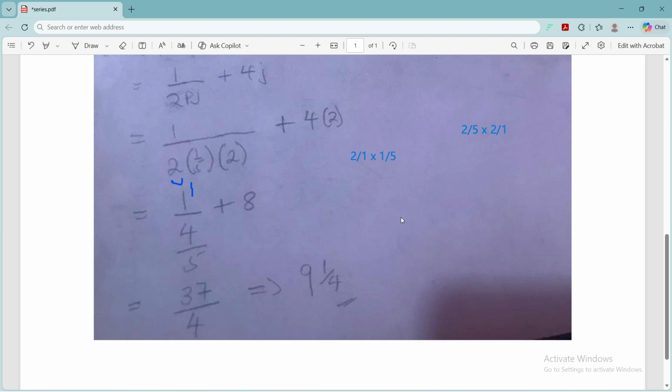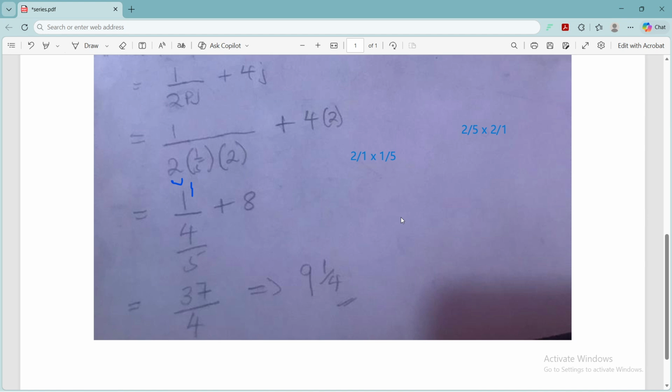So we are going to have 1 over 4 multiplying 1 over 5, right? So when you change the sign, you are going to have the inverse form, right? So 5 would become 1 over 5, because 5 is divisible by 1. So when you change the sign, it will turn upside down inversely for it to become 1 over 5, right? Plus 8. So the numerators would multiply each other.